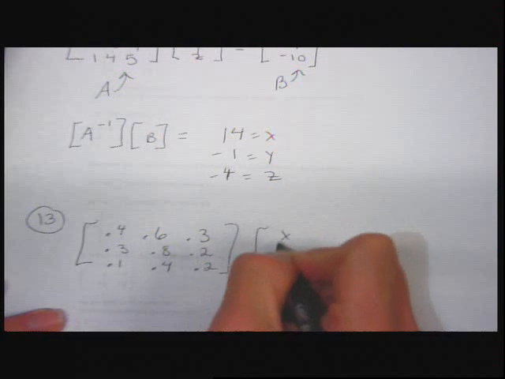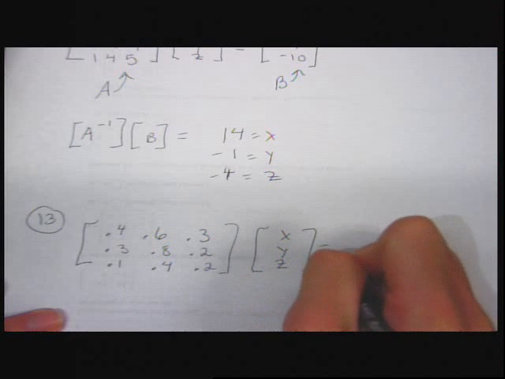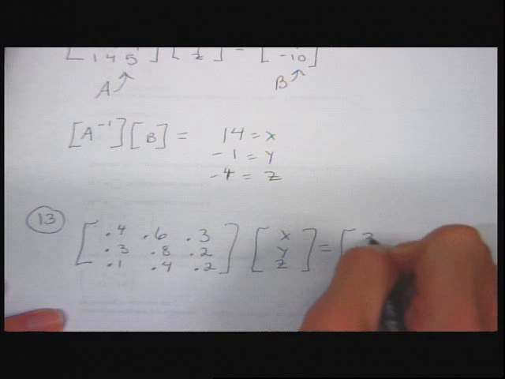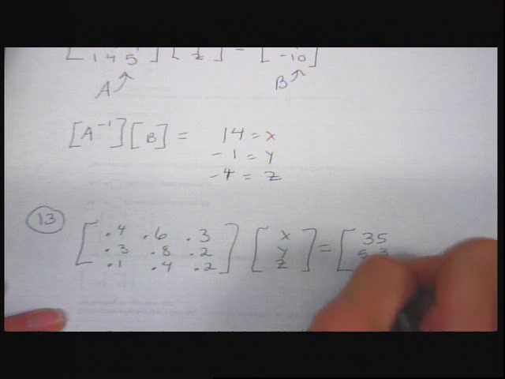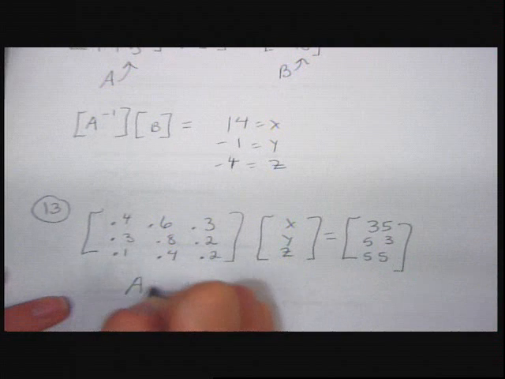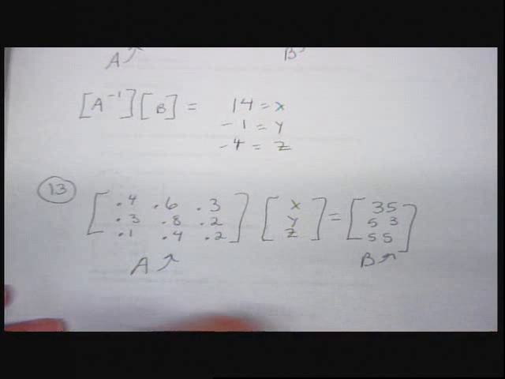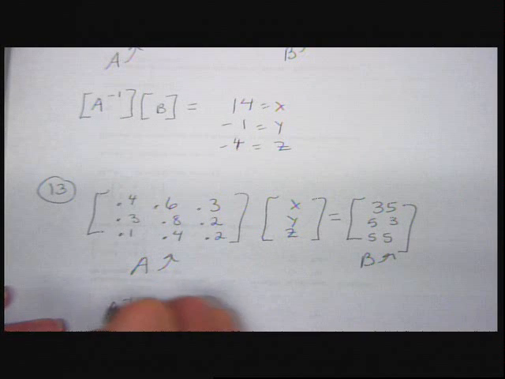And this is X, Y, Z, and that's going to be equal to 35, 53, and 55. So this is your matrix A, and this is your matrix B. And then to compute X, Y, Z, you do A inverse B.